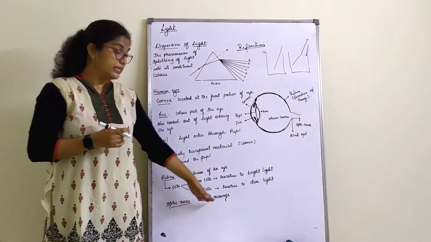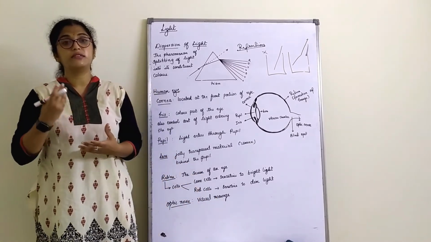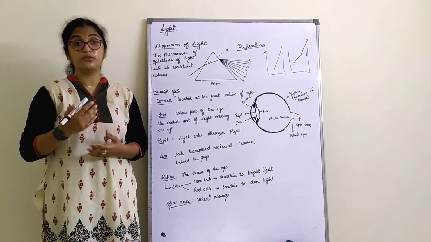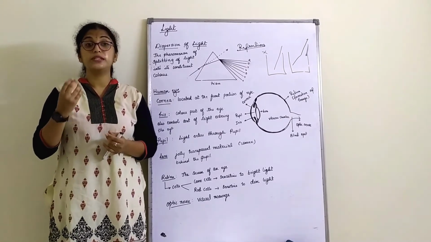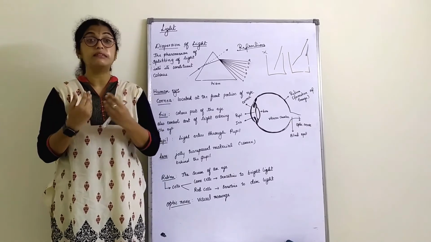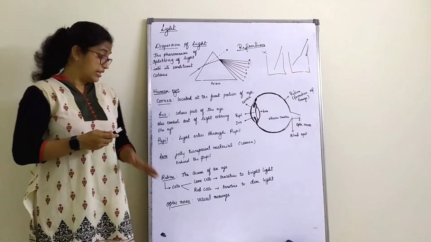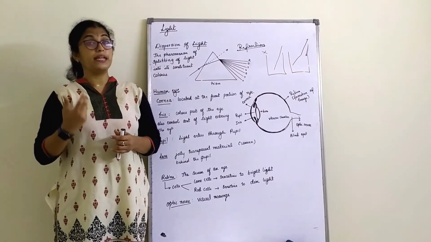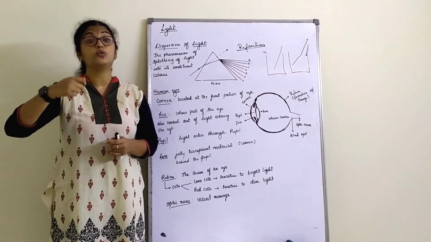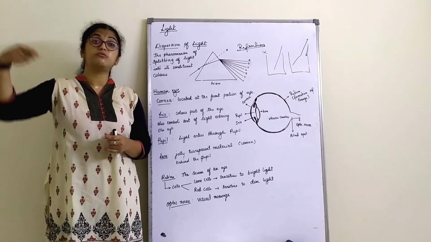Optic nerve. We all know what is the role of a nerve, right? Nerve cells, we studied that in the cell chapter. Nerve cells help in transferring and receiving signals, messages. Now what type of messages here? Visual messages. So the optic nerve will help to send the visual messages to the brain.